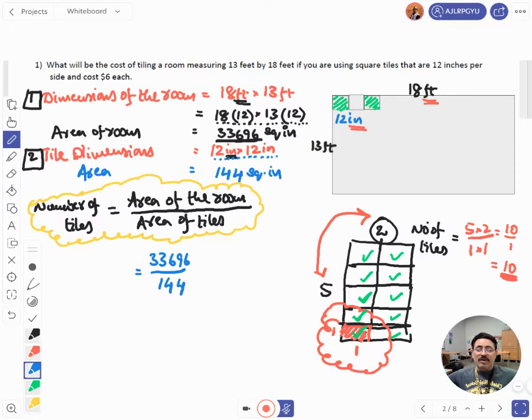Now let me grab my calculator. 33,696 divided by 144 gives you 234. So the number of tiles required to pave the room is 234. Okay. Questions.